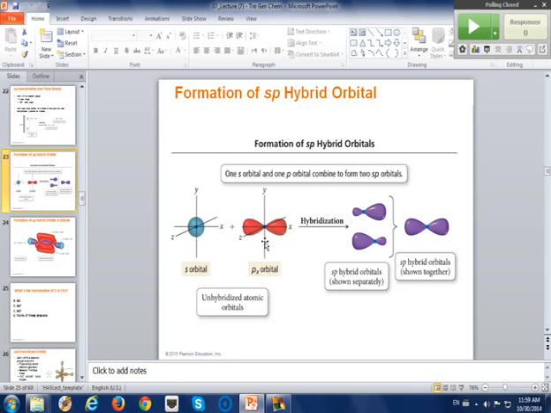The quantum mechanics, by blending the wave functions for the S and the P, it counts these 2 hybrid orbitals.